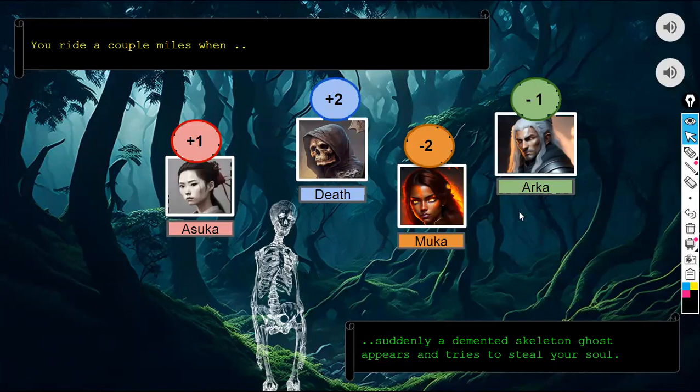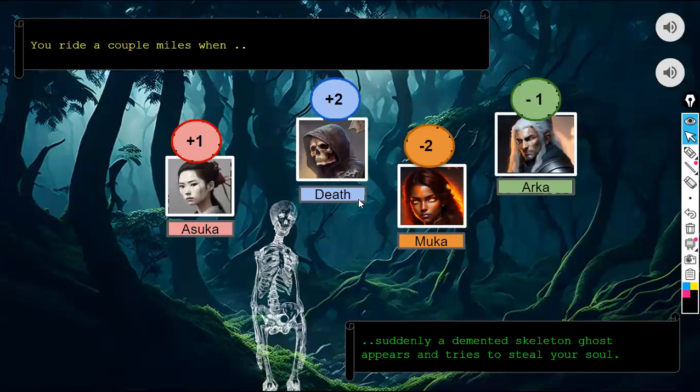Everyone update your score sheets. So Asuka's add 1, so you have 11 now. This is for strength, magic not involved. Death, add 2. Muka, -2, so you're on 8, and Aka, -1. At the end of class, we'll see who has the most strength, the most magic, and the most items.